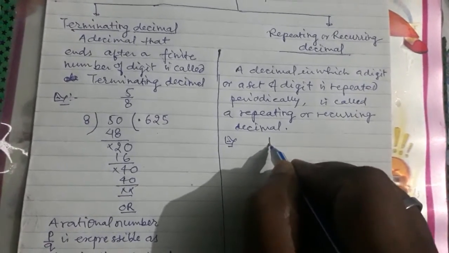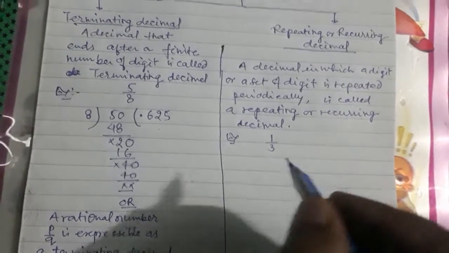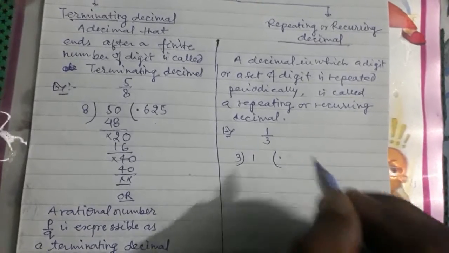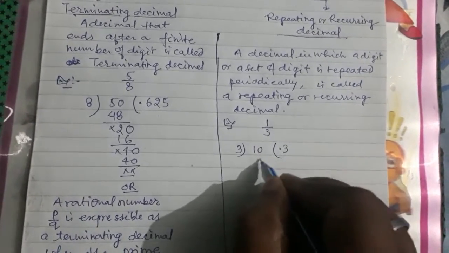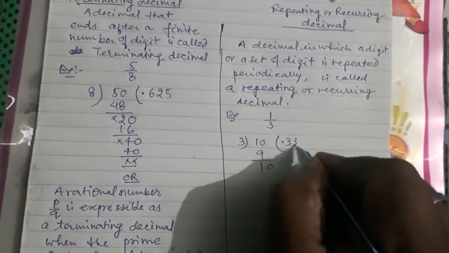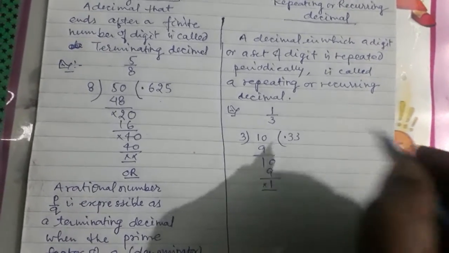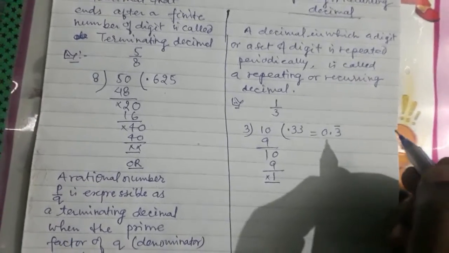Now let us take an example. Suppose we take 1 by 3. Divide 3 into 1. Take decimal, 0 taken, 3 3s are 9. Now 1 is remainder, again take 0, 3 3s are 9, again 1. So it can also be written as 0.3 bar.